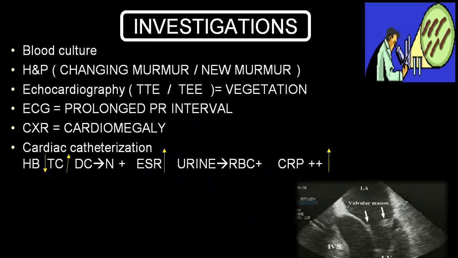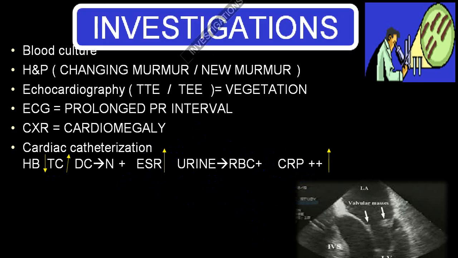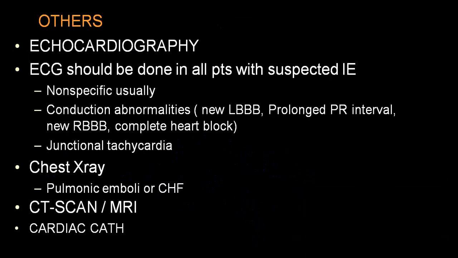So these are some of the investigations which will be commonly asked for. Echocardiography is the most important part, and the second most important part is blood culture. ECG is non-specific, chest X-ray non-specific, CT and MRI may help you to identify in some of the cases, but the most important part is PET scan.